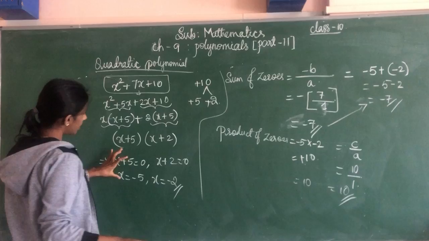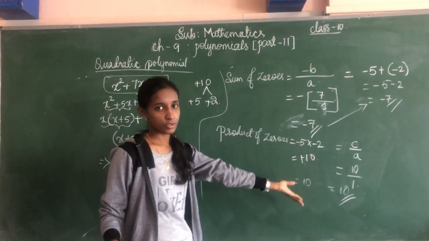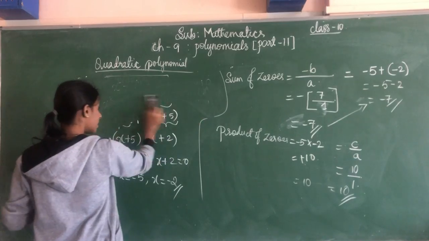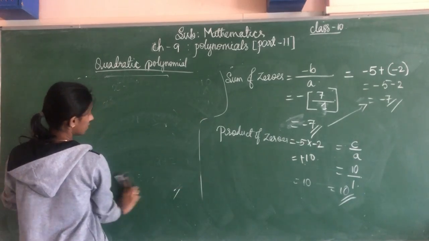See, instead of doing this, directly you can tell what the zeros of the quadratic polynomial are. Only when they ask, you have to use the direct method, that is applying the formula.